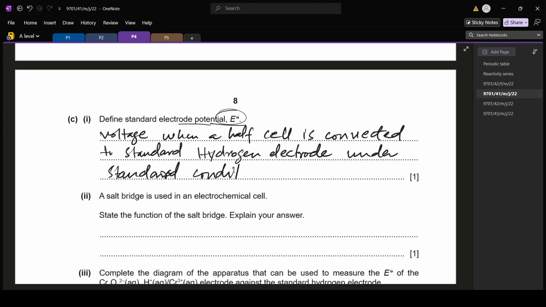So this is the definition of standard electrode potential.